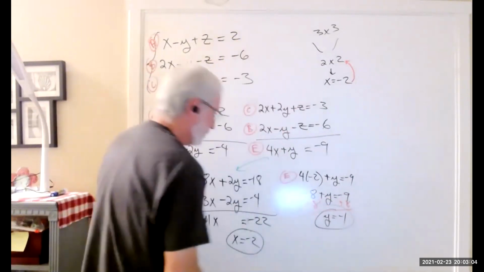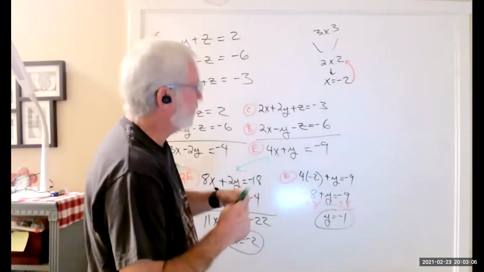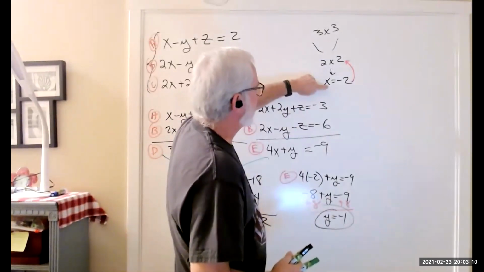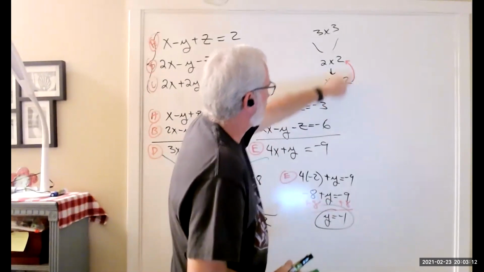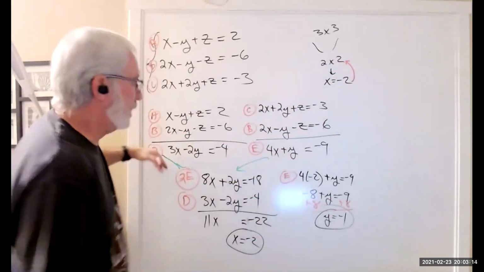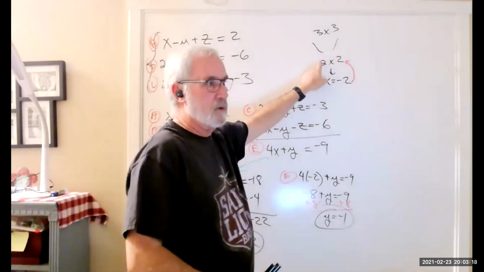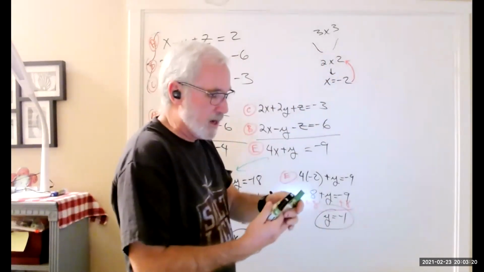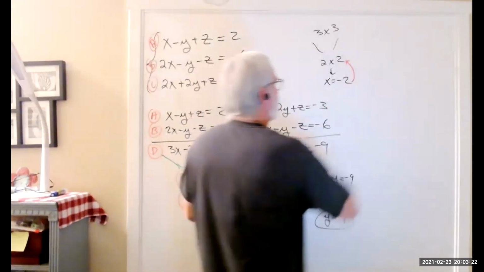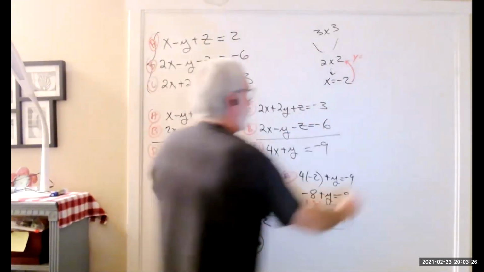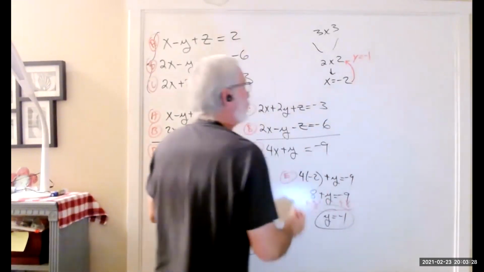So there's an answer. Let's pay attention to what I did. I got X is -2. I plugged it into one of the 2x2 systems. I'm working my way back up to the top. But now I have 2 answers: X is -2 and Y is -1. So what am I going to do?